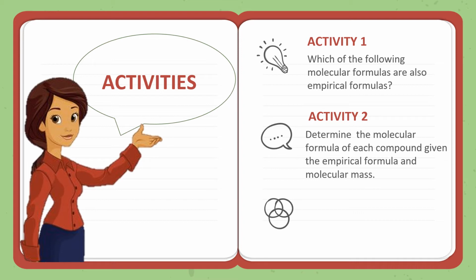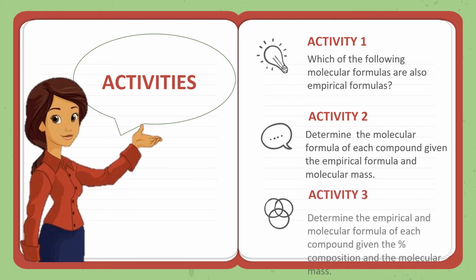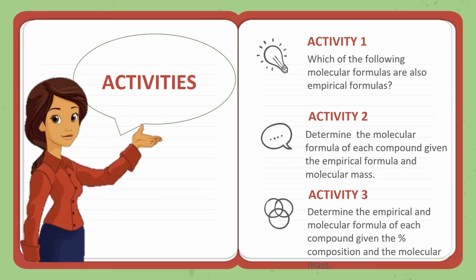For activity 2, you will determine the molecular formula of each compound given the empirical formula and molecular mass. And activity 3, you will determine the empirical and molecular formula of each compound given the percent composition and the molecular mass. You will work on that later on.